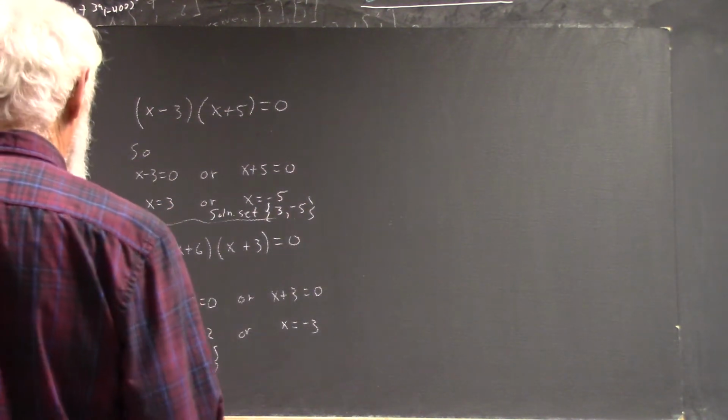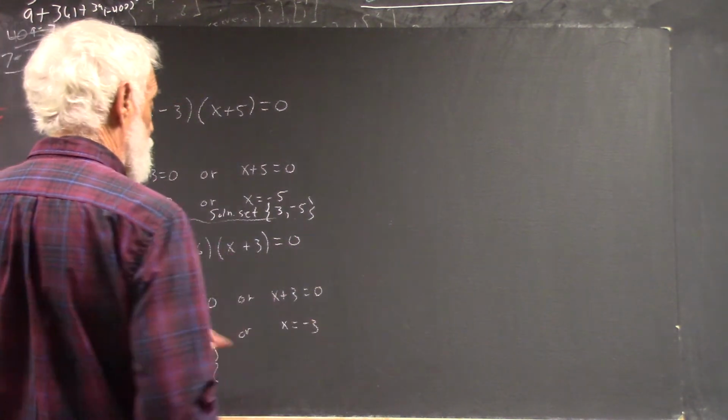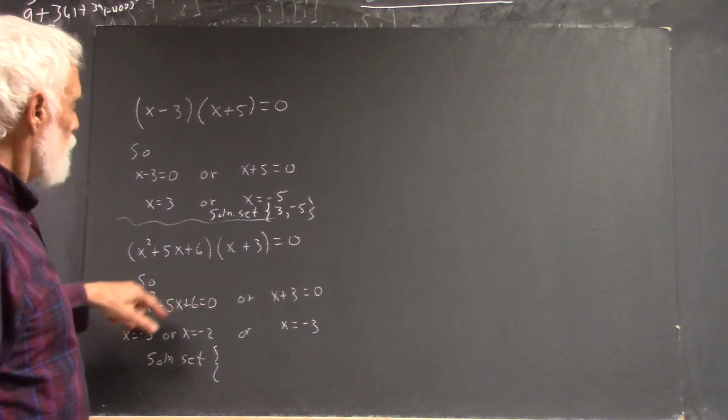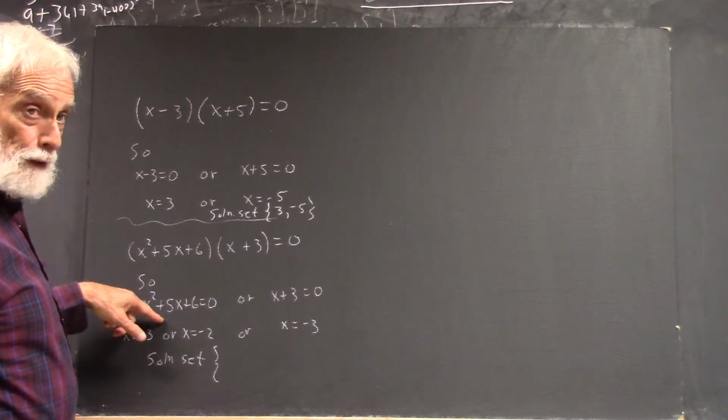It'll be negative 3, negative 2. You're not going to repeat this negative 3. So this negative 3 happens to be a solution to this. Okay?